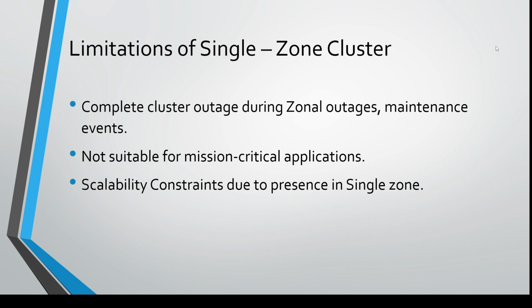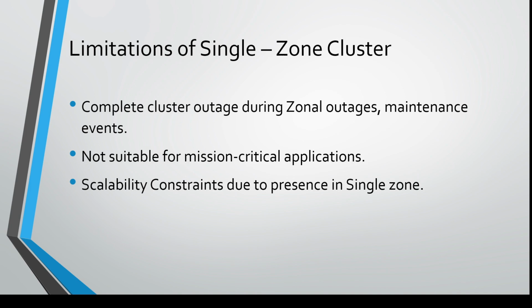When you have a single zone cluster created for hosting your workloads, you will have to understand the limitations that come with it. The first thing is there will be a complete cluster outage during zonal outages and maintenance events, right?